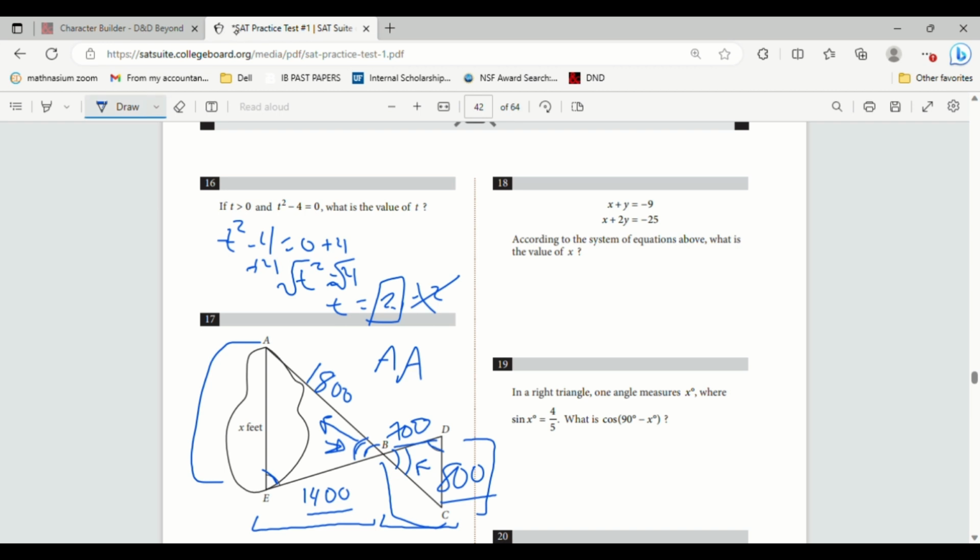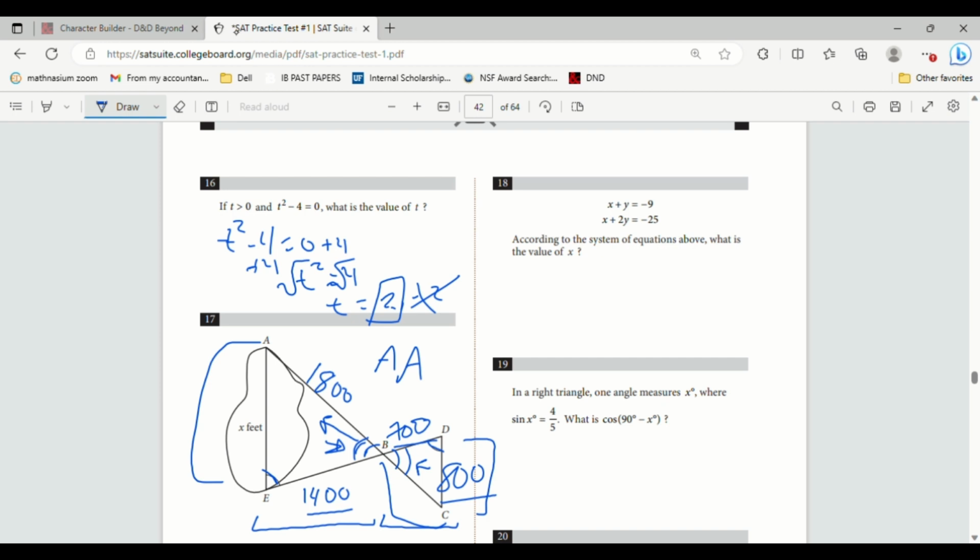According to the system of equations above, what is the value of x? And so, I stated before in our previous question that dealt with a system, there are two ways to solve it. You can either solve by substitution or by elimination.